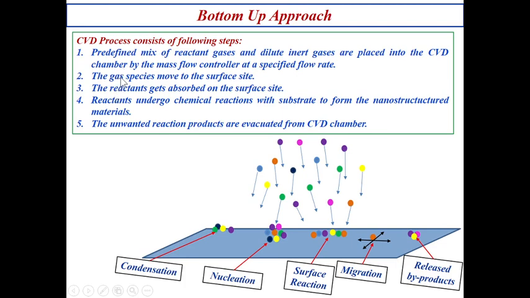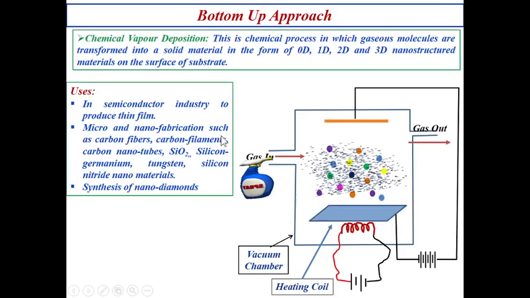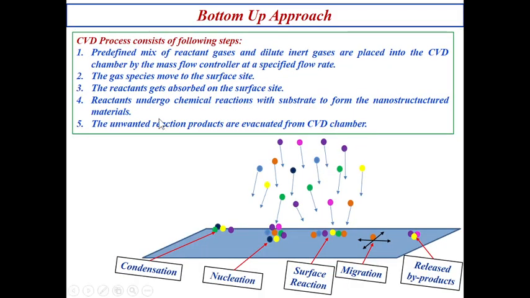Gas, in bracket you write this. Whatever I have fluxed inside this chamber is in gas form, but that gas contains all the precursor materials and dilute inert gas, etc. So in brackets you have to write precursor material in the solution form.